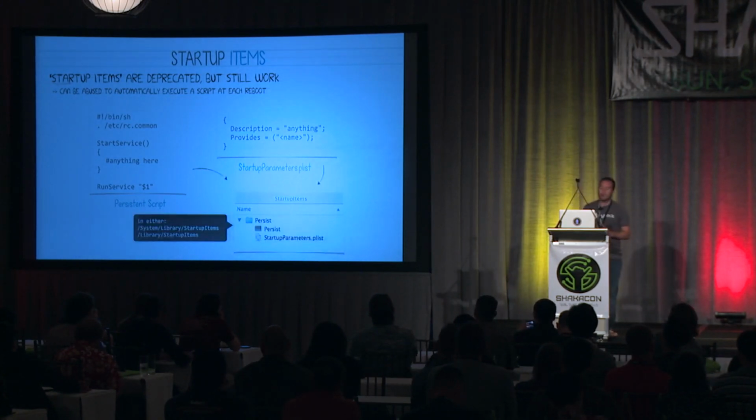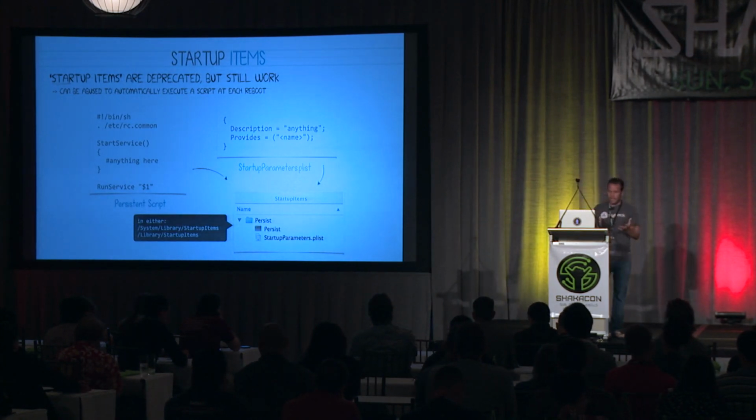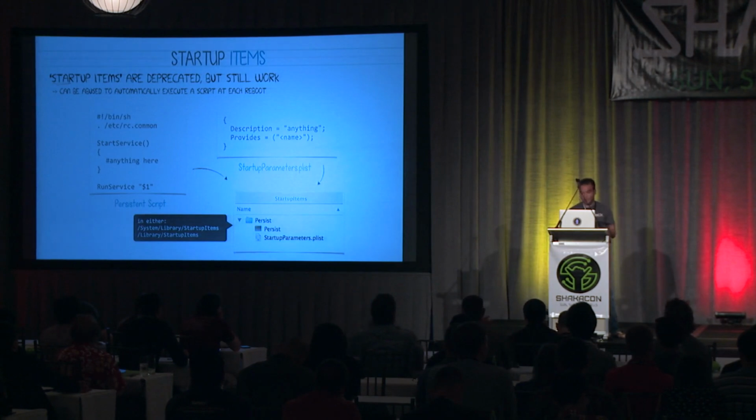Both of these then should be placed in a folder that's in one of the startup item directories. And it's really important that this folder has the name that matches the script. Now, if you follow these steps exactly, anytime the computer is restarted, the startup item script will be automatically executed. So again, another technique that malware could abuse.